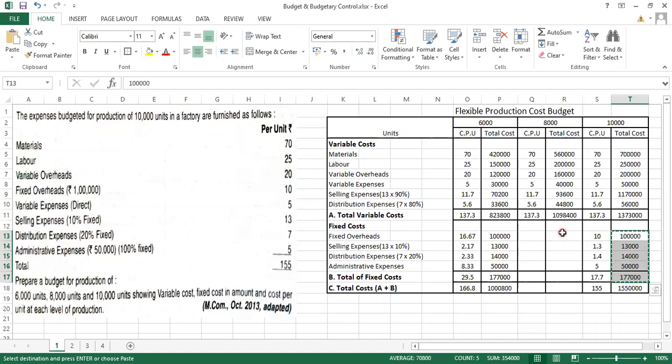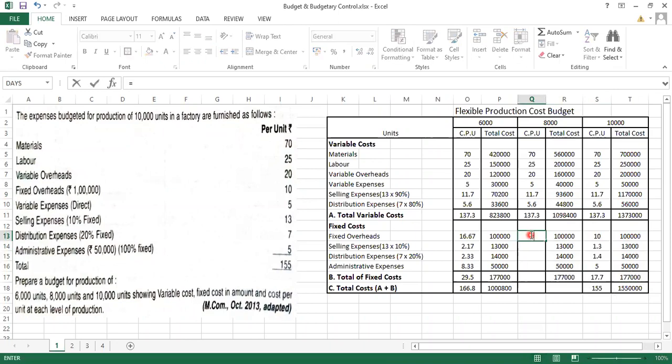Fixed cost amount remains the same. We will only have to find out the cost per unit. So 1 lakh divided by 8,000. 12.5. 13,000 divided by 8,000. 1.625, just round it off up to 2 decimals, so 1.63.